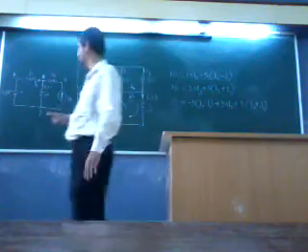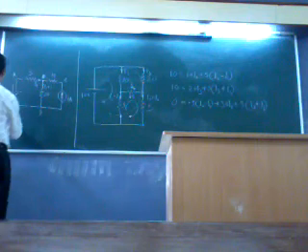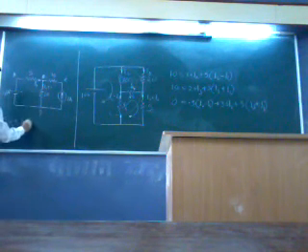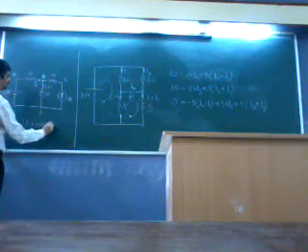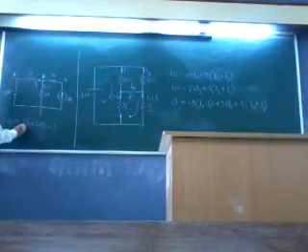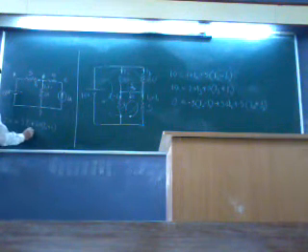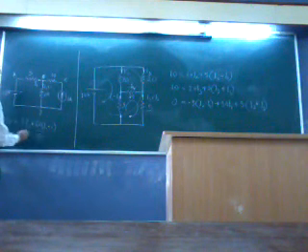So you can apply Kirchhoff's mesh law for this loop. So what would it be then? 20 is equal to 5I1 plus 20 into bracket I1 plus 1.